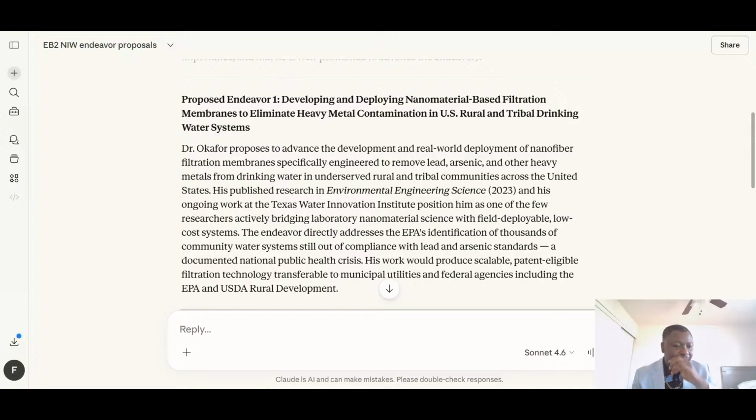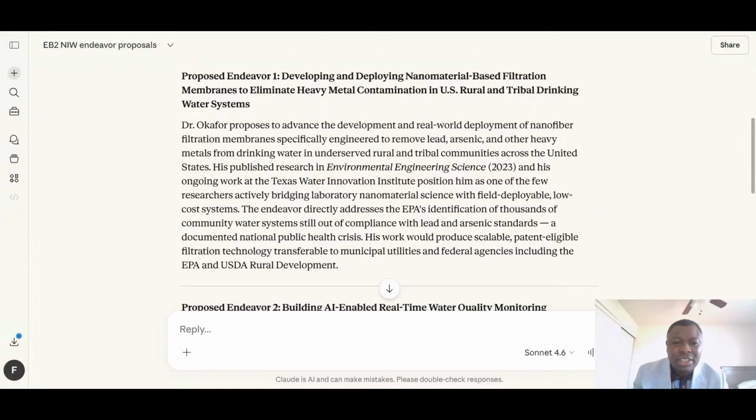So here we know that his endeavor is to do research. Who is going to benefit from this research? We also know who is going to benefit. And we know that there are some US agencies that are backing these kinds of research. He's published research in environmental engineering science and his ongoing work at the Texas Water Innovation Institute positions him as one of the few researchers actively bridging laboratory nanomaterial science with field-deployable, low-cost systems.